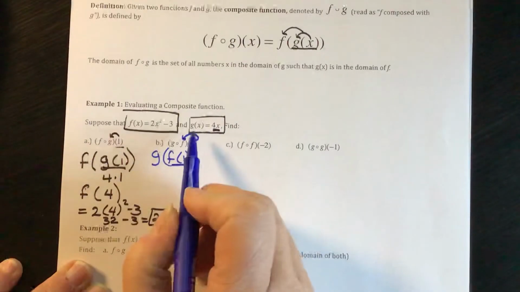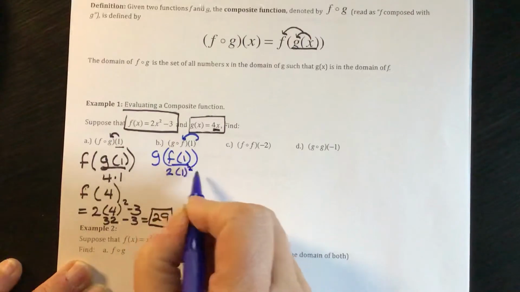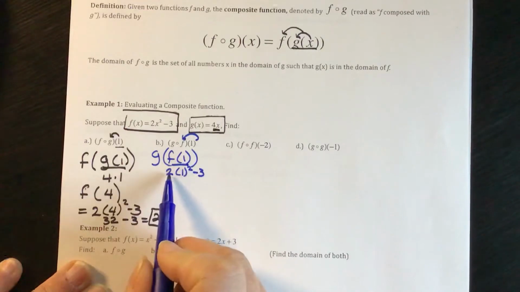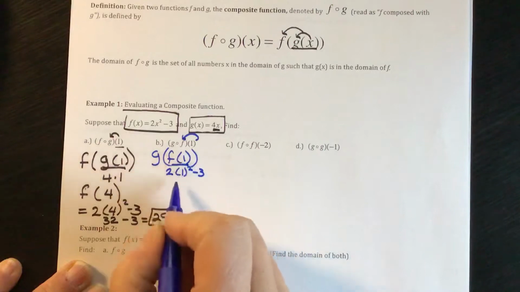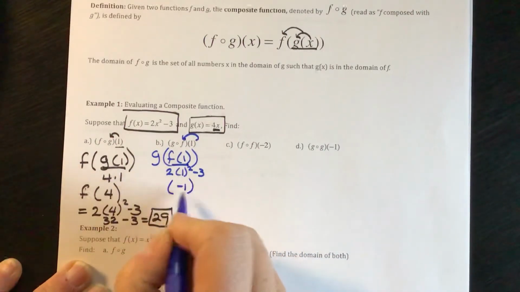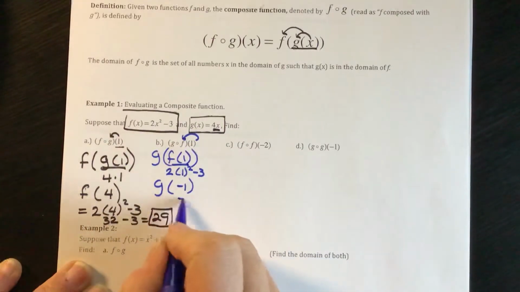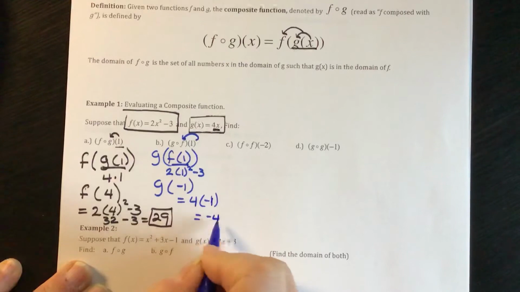So f of 1 would be 2 times 1 squared minus 3. So this is 1 squared times 2 is 2, minus 3 is negative 1. So f of 1 is negative 1, and now I'm going to plug that into the g function, which is 4 times negative 1, which is negative 4.